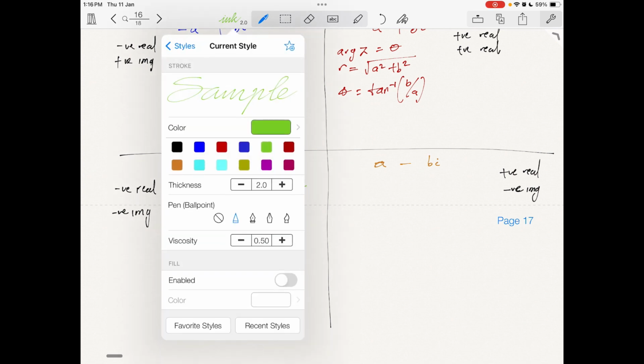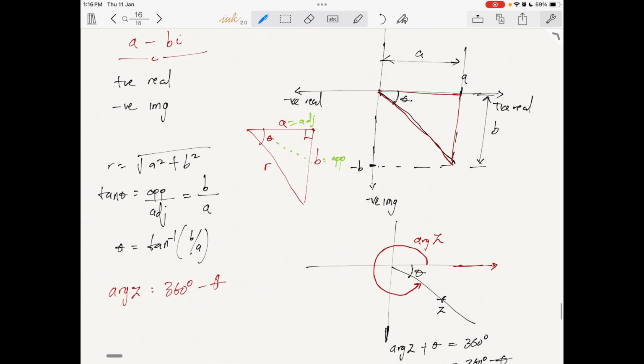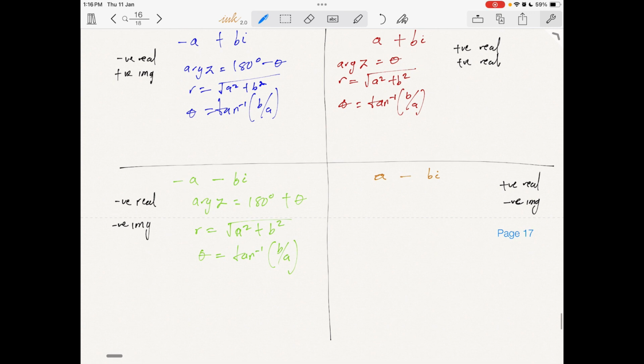And finally, we want to consider a minus bi. Our r is the square root of a squared plus b squared. Our theta is arctan b over a, and our argument Z is 360 degrees minus theta. So argument Z is 360 degrees minus theta.